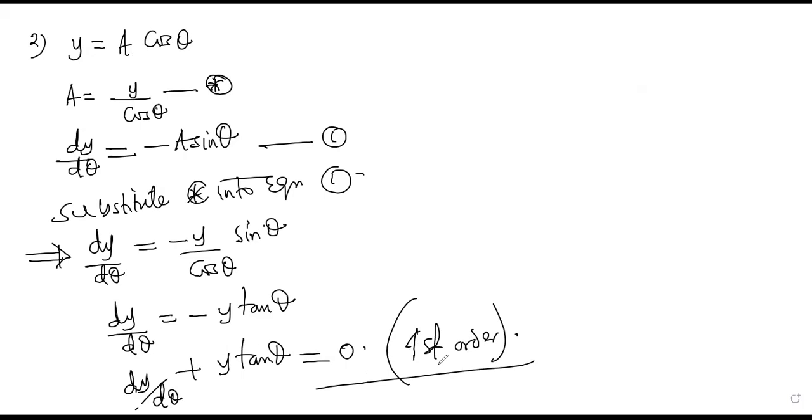Then the second last question, which is our number 3, we are having y is ax squared plus bx. So we need to first get these constants. We need to first get what a is equal to and what b is equal to.